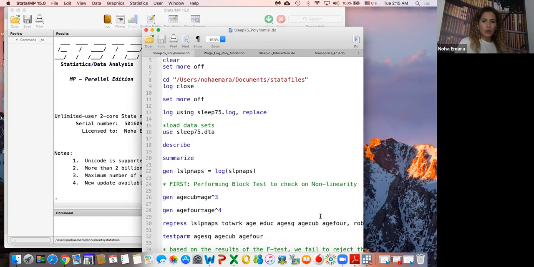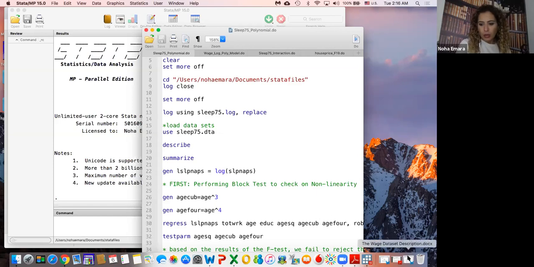Of course, we're not going to check heteroscedasticity here because we're already done with this topic, and I assume that if I ask you to check for heteroscedasticity, you know how to do that using the BP test. After you determine based on the BP test that you need robust, then you add robust standard error to your regression.